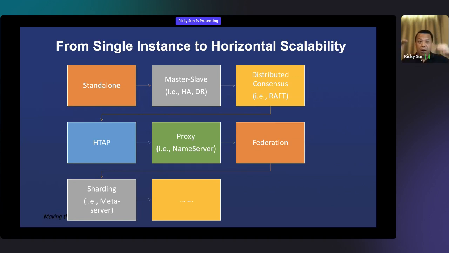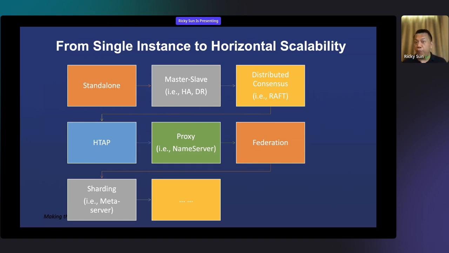In between, there are quite a few steps, starting with the evolution from standalone to master slave. Some people call this HA mode, which is even compatible with disaster recovery mode.